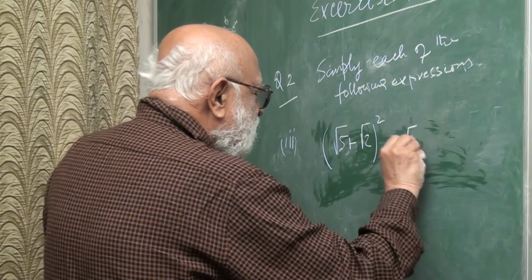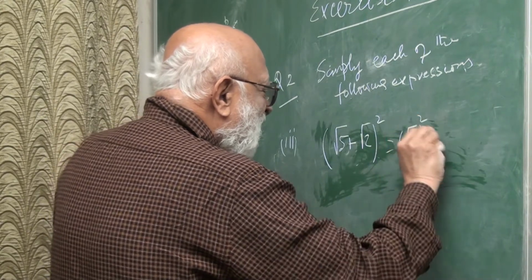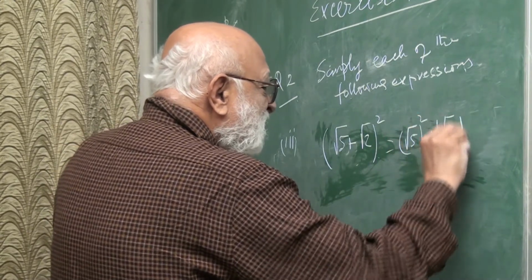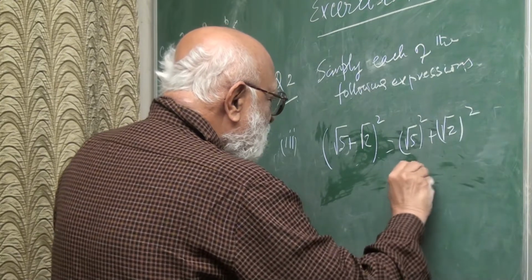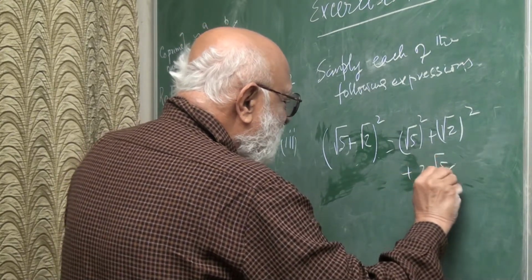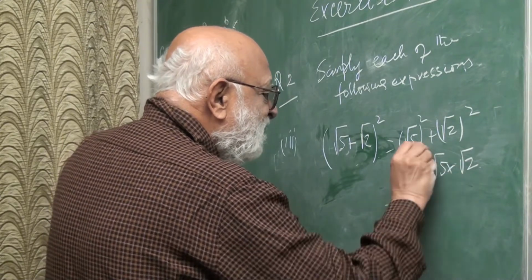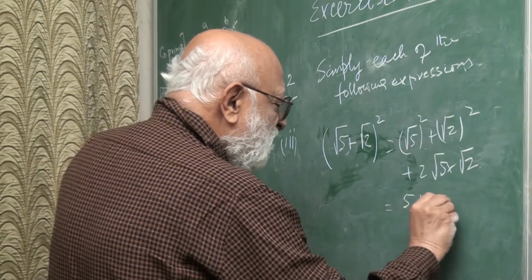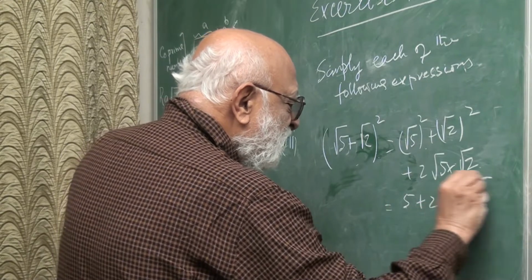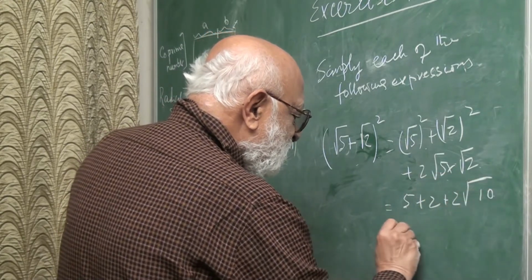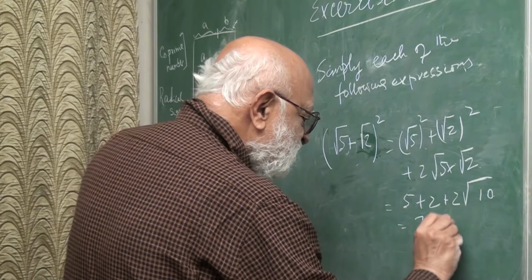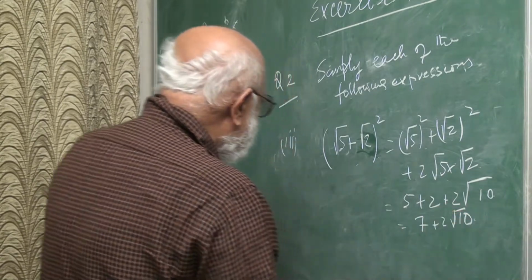So this is root 5 square plus root 2 square plus 2 into root 5 into root 2. So what has happened, this is 5 plus 2 plus 2 into root of 10, that is equal to 7 plus 2 root 10. So this is done.